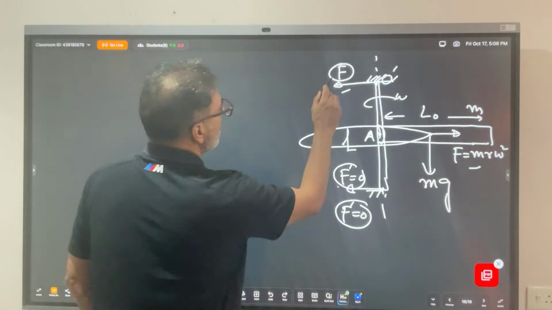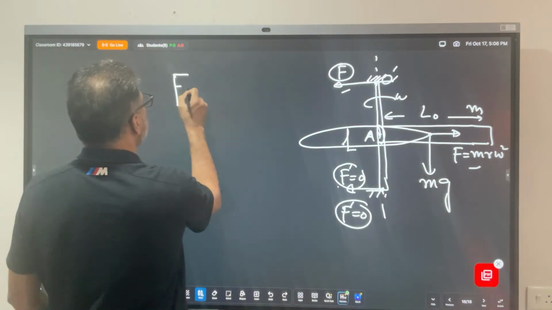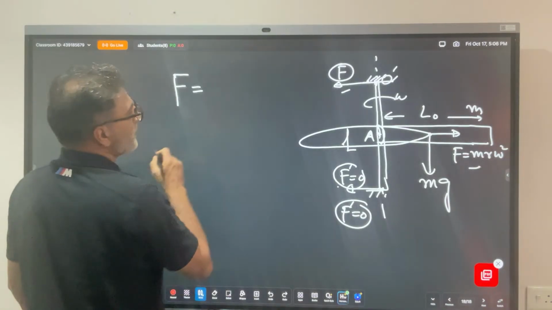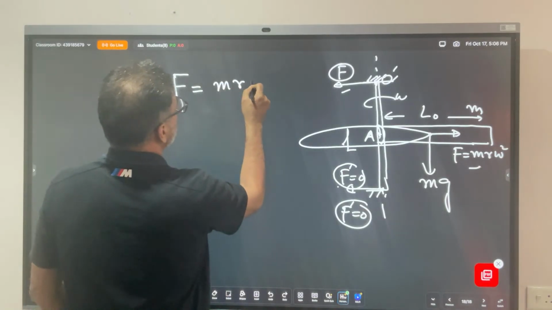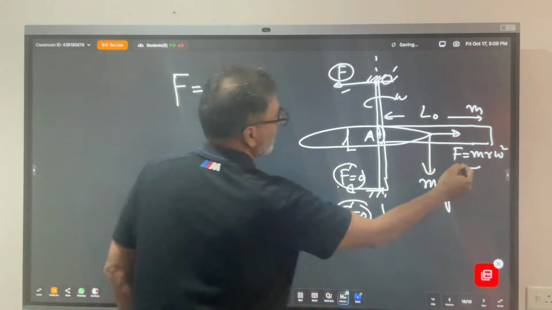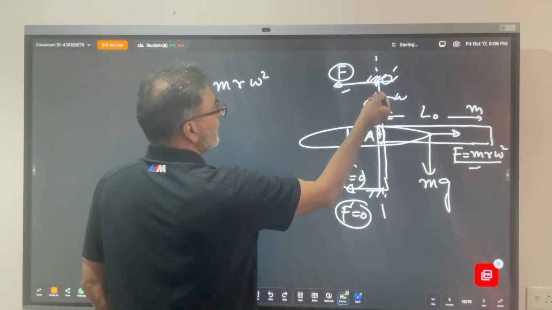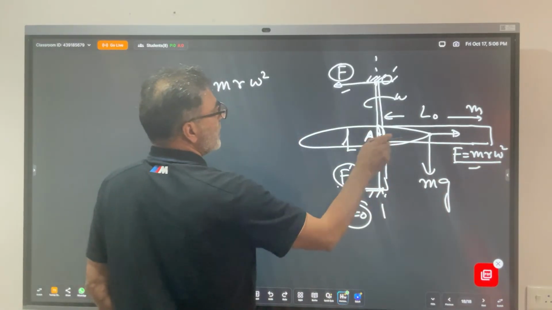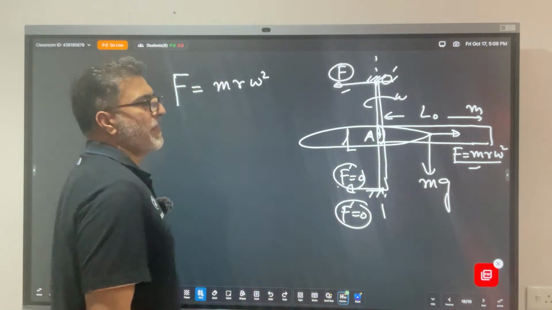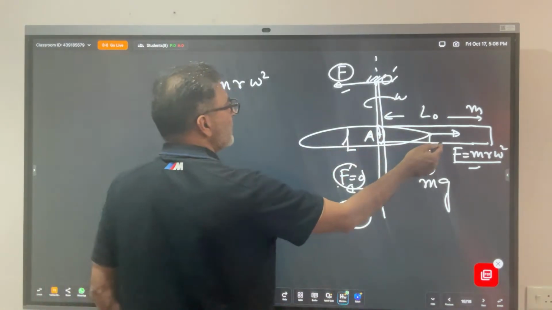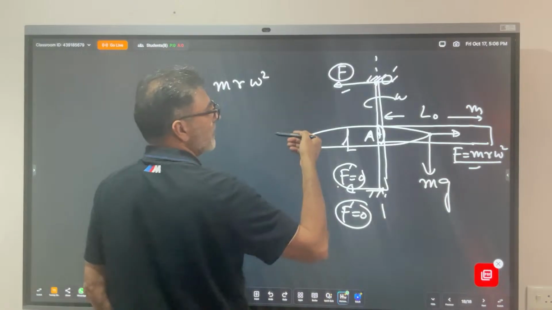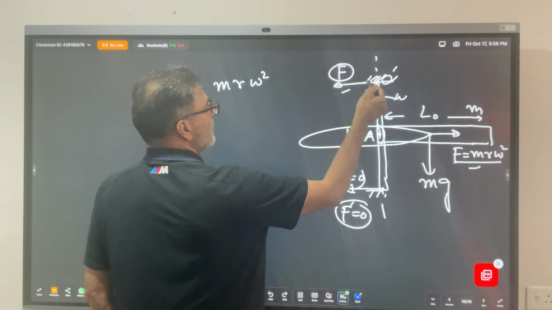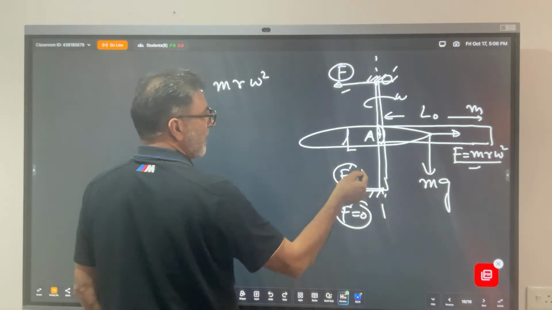So first of all, this F I will write as m r omega square. This force, if it is not fixed and it starts rotating, will fly away. It cannot rotate unless this force is balanced by some other force. So it is the force that balances this, because this I have assumed as 0.